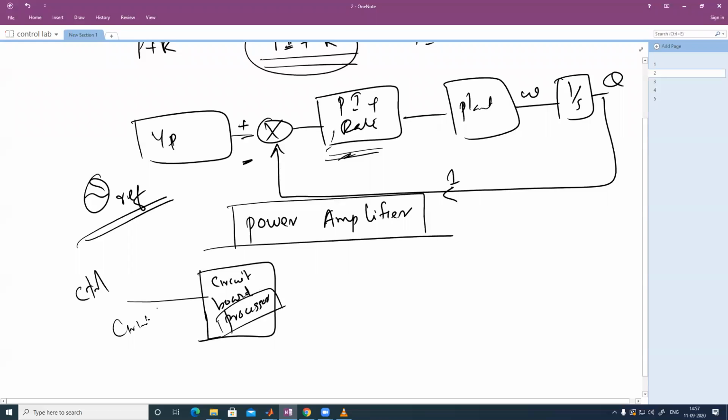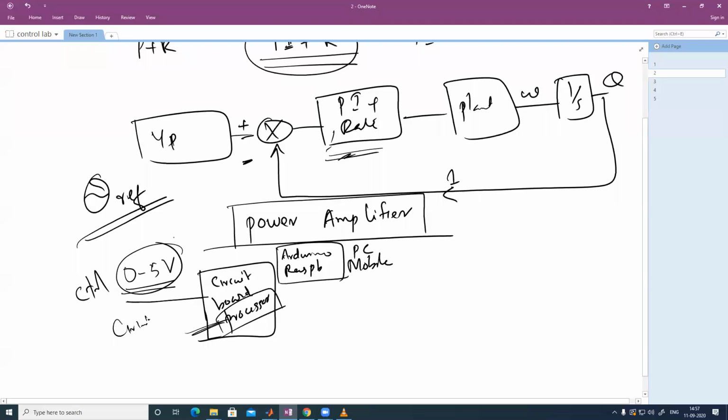Controller examples: some of you have done with Arduino or Raspberry Pi, or you can use the processor of a PC, or a mobile processor, anything you can use as the controller. And the controller input will be maximum 0 to 5 volt only.